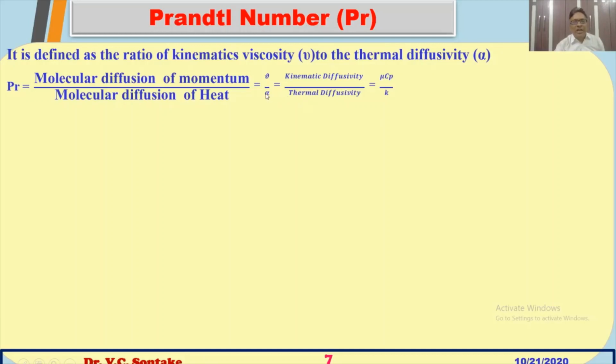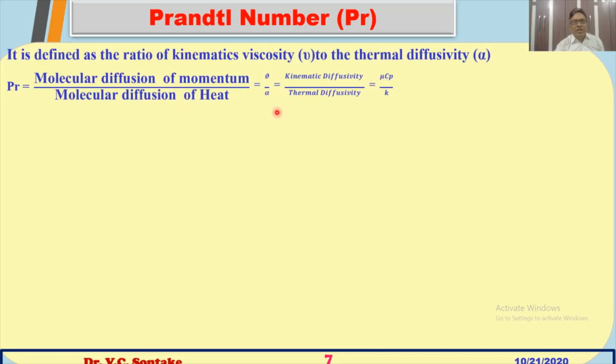Mathematically, it is given as nu by alpha, where nu is kinematic viscosity and alpha is thermal diffusivity. So putting the value of alpha, that is thermal diffusivity, as K over rho Cp, this expression can also be given as mu Cp by K.